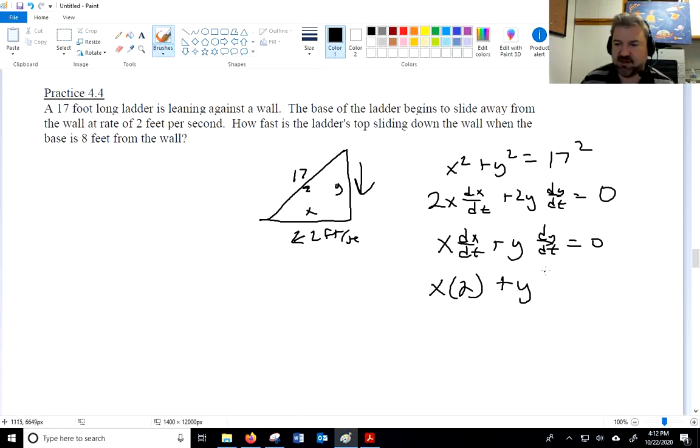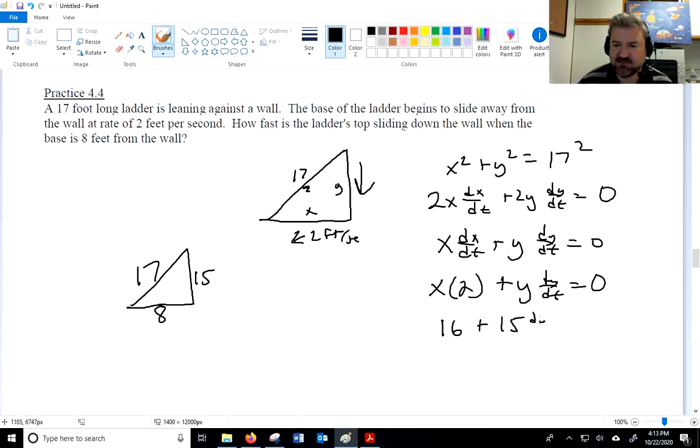And y dy/dt, and I'm looking for dy/dt. So let's figure out what x and y are when the base is 8 feet from the wall. So once again, they're probably going to give us a Pythagorean triple. They don't always, but this is 8, 15, 17, right? So 8 times 2 is 16, plus 15 for y, dy/dt is equal to 0.